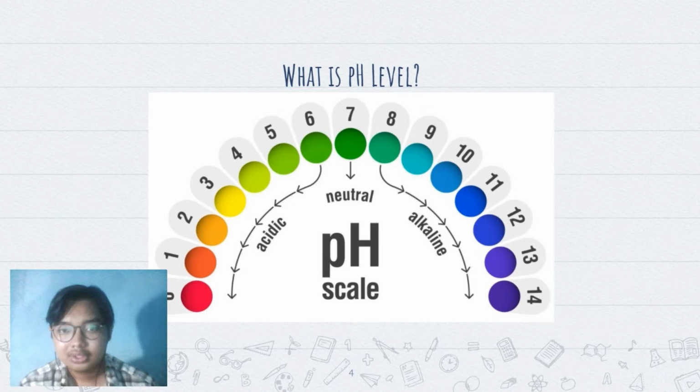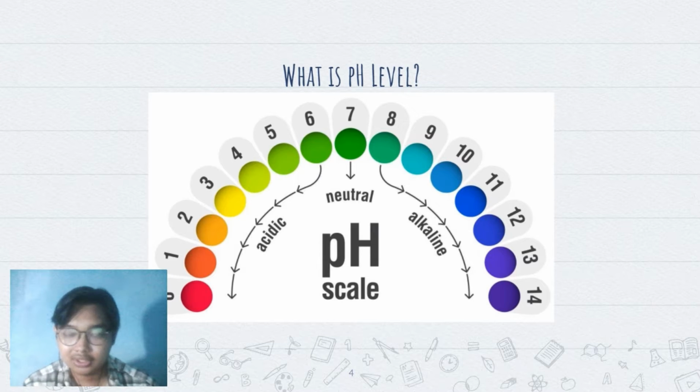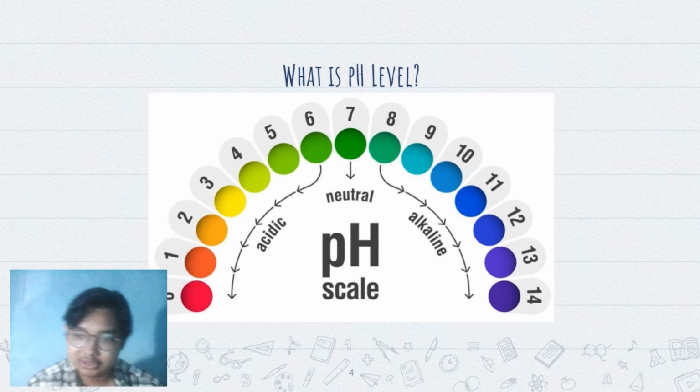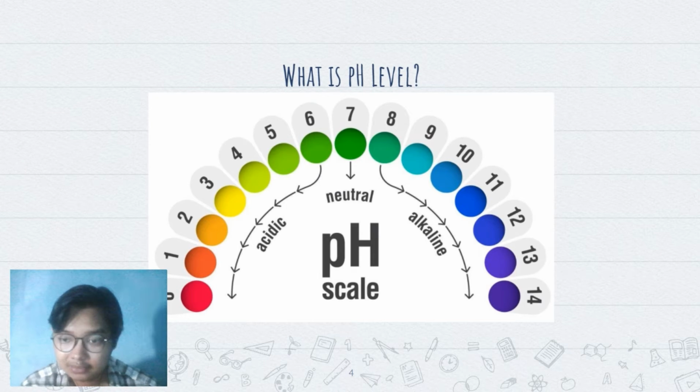It is measured on a 0 to 14 scale. A liquid with a pH level of 7 is said to have a neutral balance of acids and bases, so 7 is called neutral, as described in this picture. Liquids with a pH level lower than 7 are considered acidic, and those greater than 7 are considered basic.